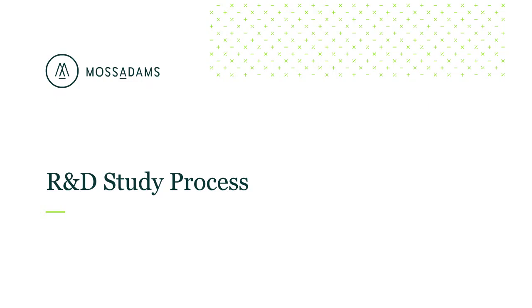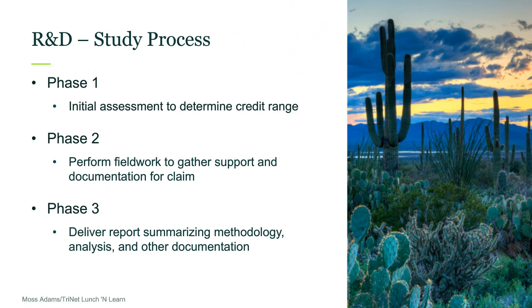So the next area we'd like to cover is the R&D study process. Moss Adams tries to make this process as straightforward as possible. It is broken into 3 phases. In phase 1, we do an initial assessment to determine the credit range. There is no cost for this assessment. It allows the client to make an informed decision whether they would like to proceed or not.